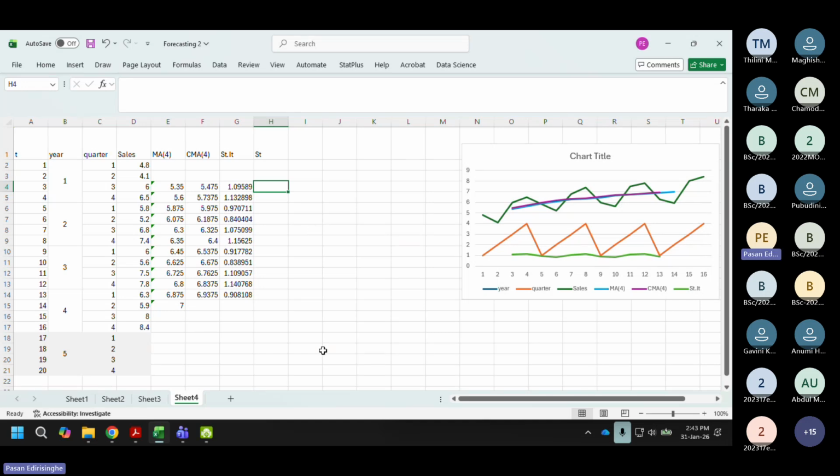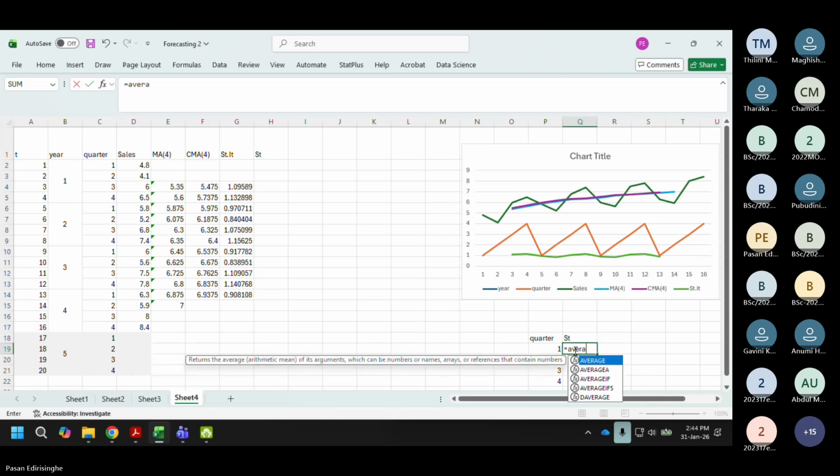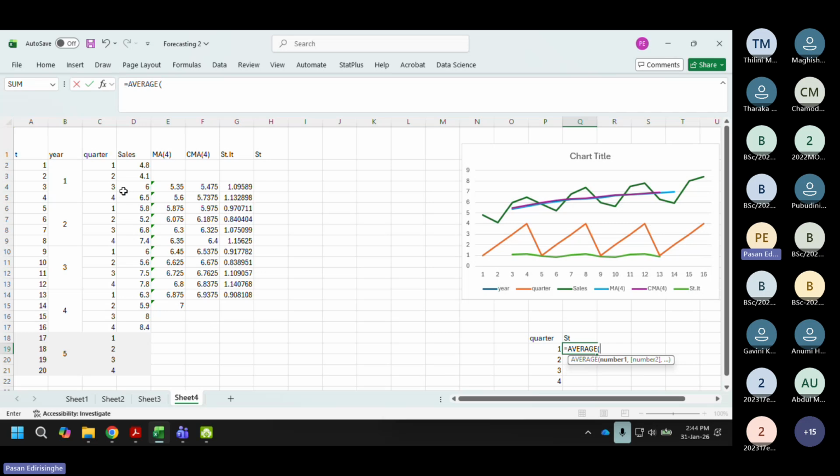I think I can do that calculation in a separate place as well, right? So that is in terms of ST values. I can define the average over the seasonal components. If I take the third one, then I have to take all the third ones here.